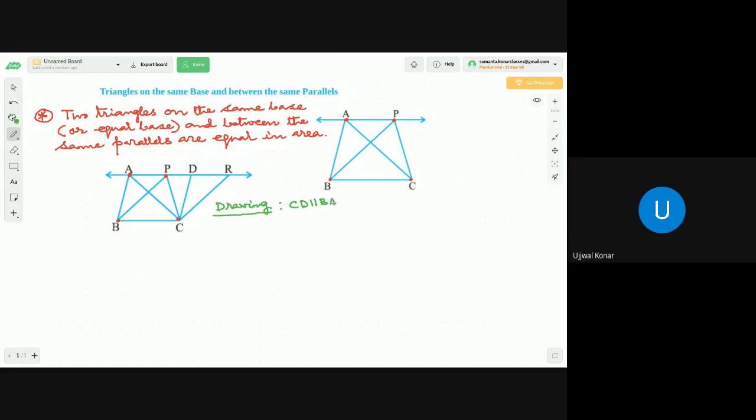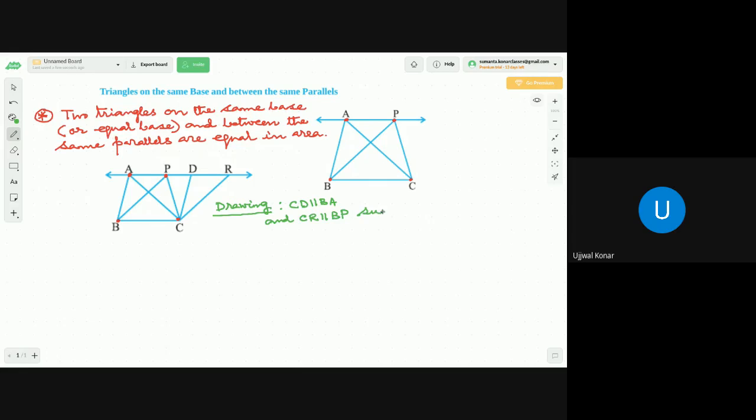CD is parallel to BA and CR is parallel to BP, such that D and R lie on the line segment AP.